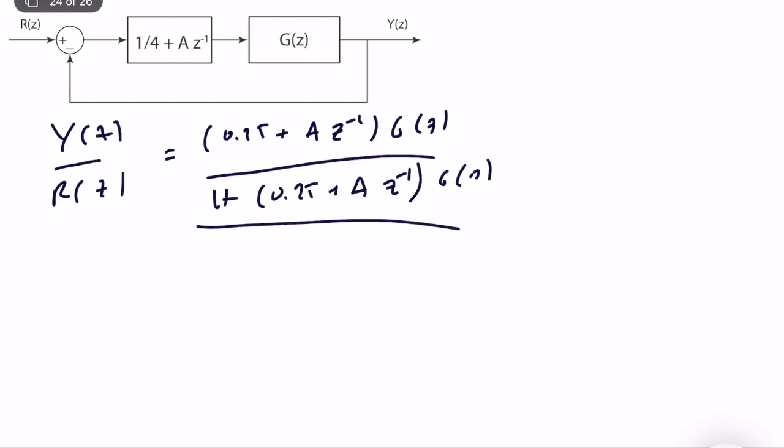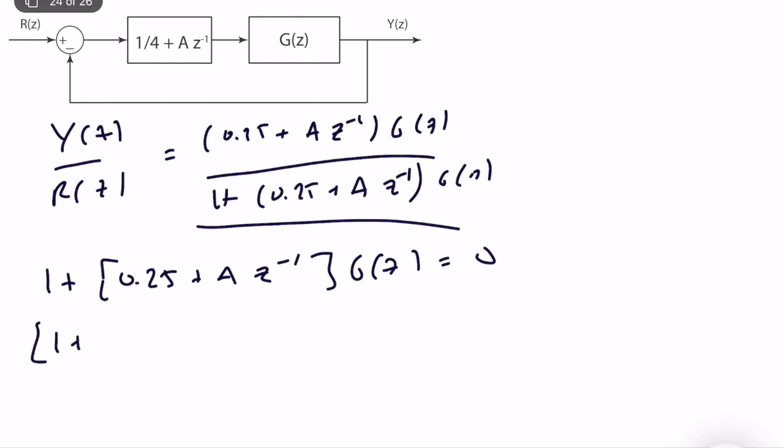It is this: 1 + (0.25 + a z^-1) G(z) = 0. Since a is the parameter that we are interested in, we group everything with respect to multiplying with a and not multiplying with a. So the first part is 1 + 0.25 G(z), and the other part is a G(z)/(z - 1) equal to 0.